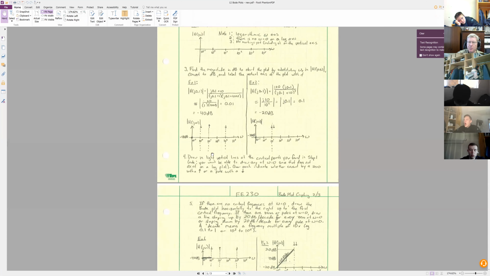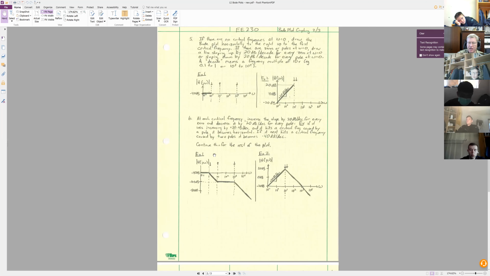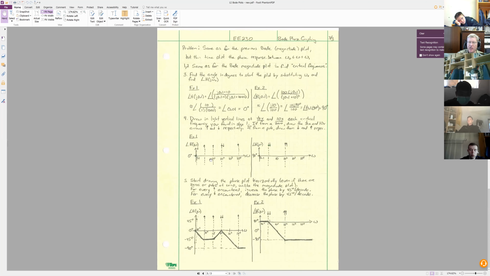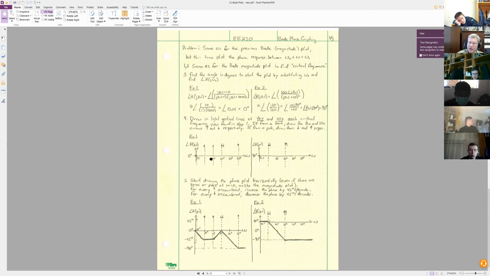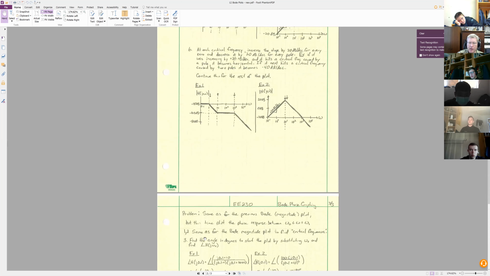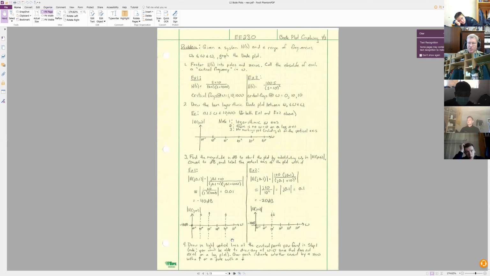I've got 2 pages on how to graph the Bode magnitude response, and 1 page on how to graph the Bode phase response. You are not responsible for knowing how to plot phase responses in this class. I want you to look it over just so you've seen it. But what I really care about is that you're able to plot the magnitude response. This is something that you'll definitely need to know how to do in grad school.